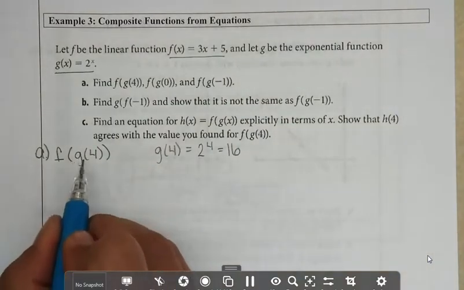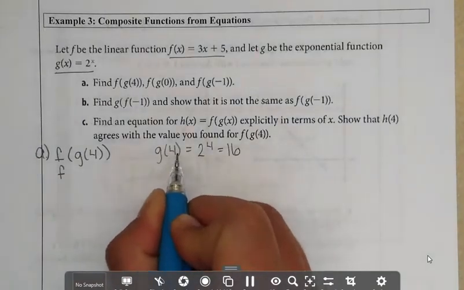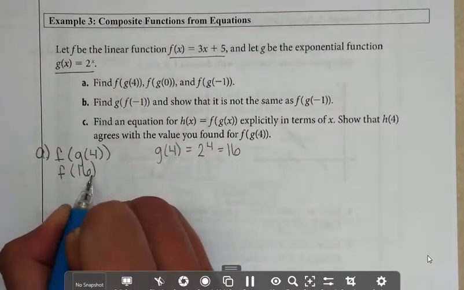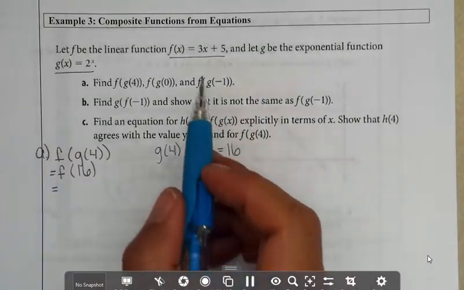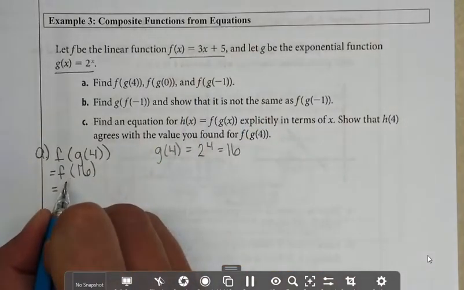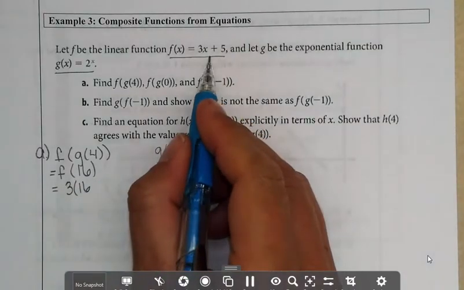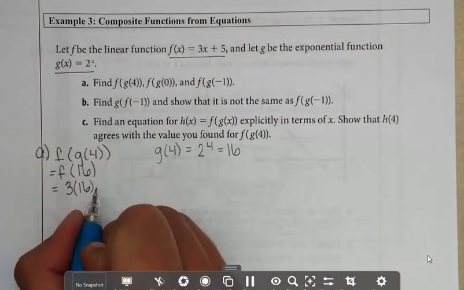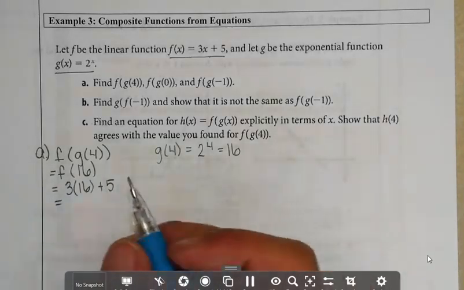So f of g of 4 really becomes f of 16. I have to plug that into f. So f of 16 becomes 3 times 16, plus 5, which is 48 plus 5, which is 53.